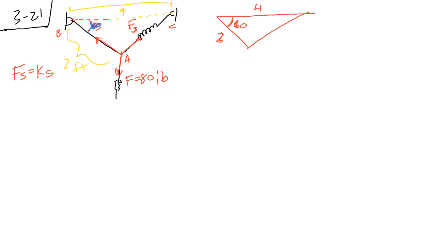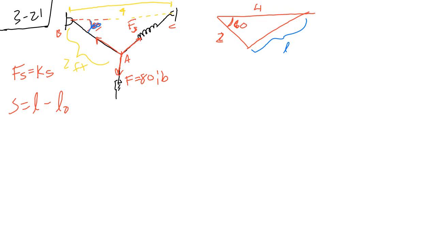We're trying to find an unstretched length, where S is equal to L minus L naught, where L naught is the unstretched original length and L is the length in equilibrium, you could say. So right now, while it's in equilibrium, this thing has a length of L. Over here, this is basically L.